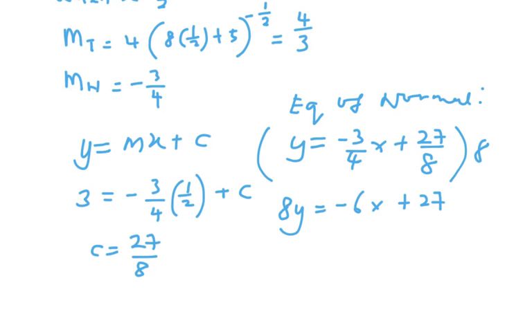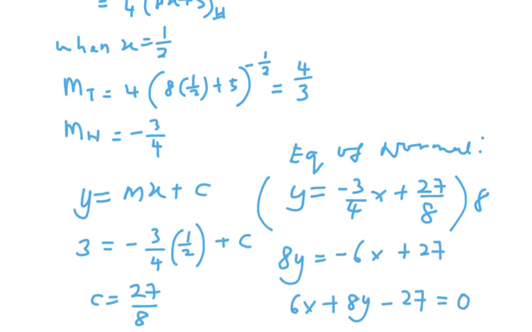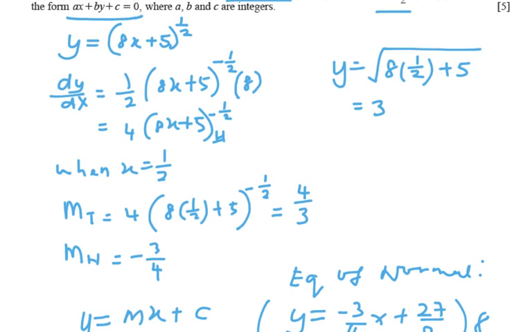Hence, bring everything to one side of the equation and you will get 6x plus 8y minus 27 equals to 0.